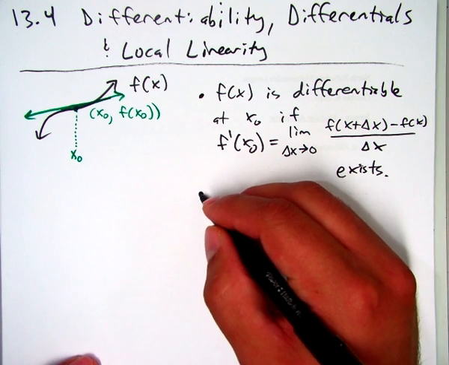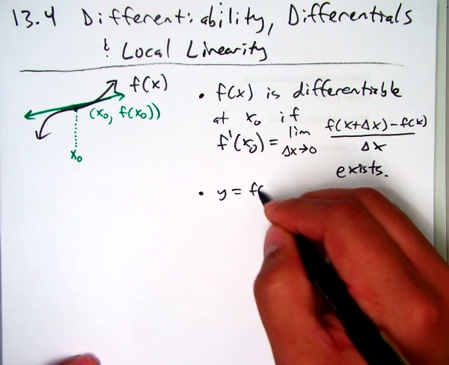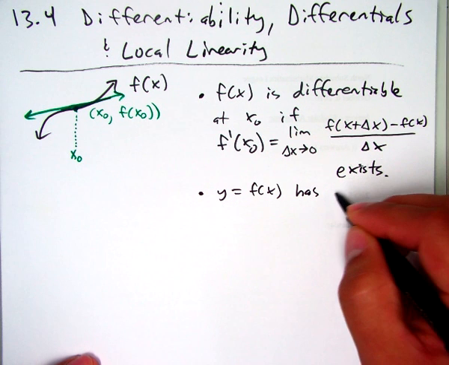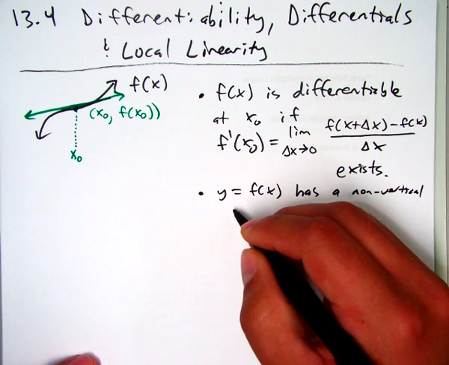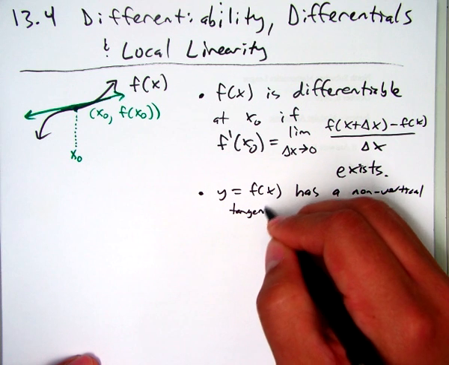We say that y equals f of x has a non-vertical tangent line at that point.